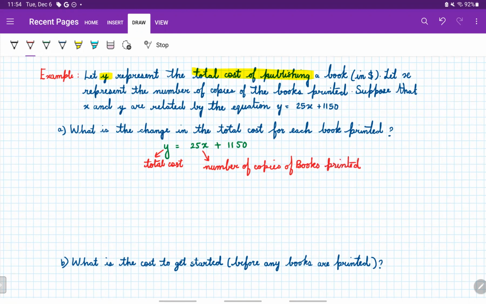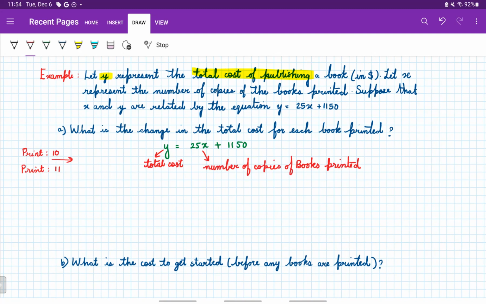Now we want to know what is the change in the total cost for each book printed. What it essentially is asking is, for example, you first print 10 books and then you print 11 books. What is the difference in the cost between printing 10 books and printing 11 books?